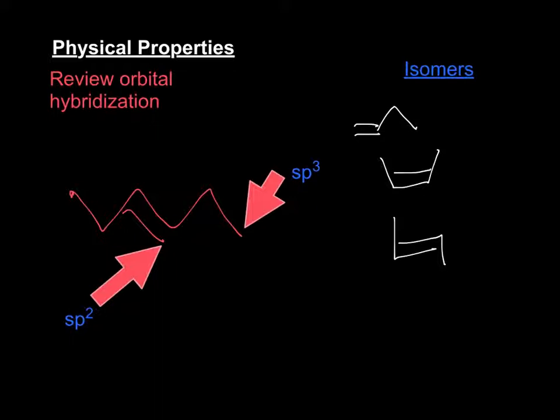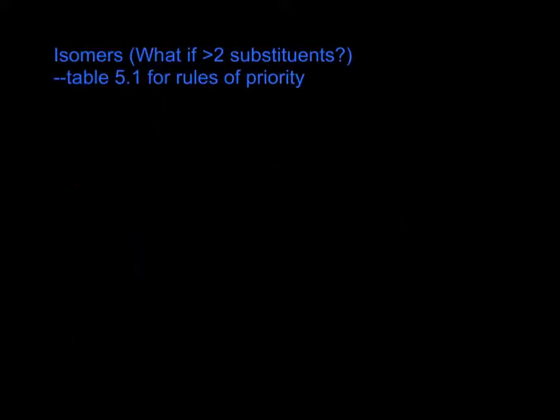But what happens if we have more than 2 groups? We have to be able to differentiate between the 2 isomers if there's more than 2 groups there. And table 5.1 has rules for priority. And that'll make more sense in just a moment.